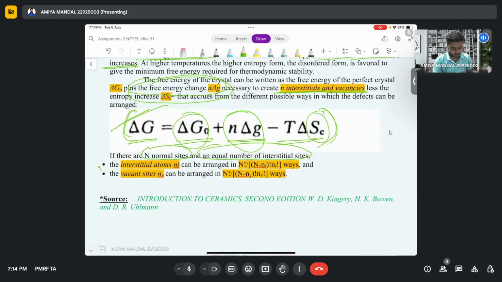So the interstitial sites can be arranged as N factorial divided by (N minus n) factorial times n factorial. We all know this. Similarly, we can arrange the vacant sites, that is N factorial divided by (N minus nv) factorial times nv factorial.